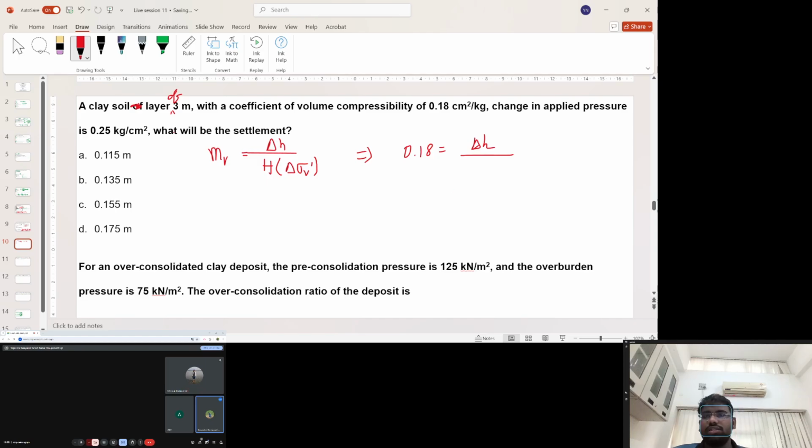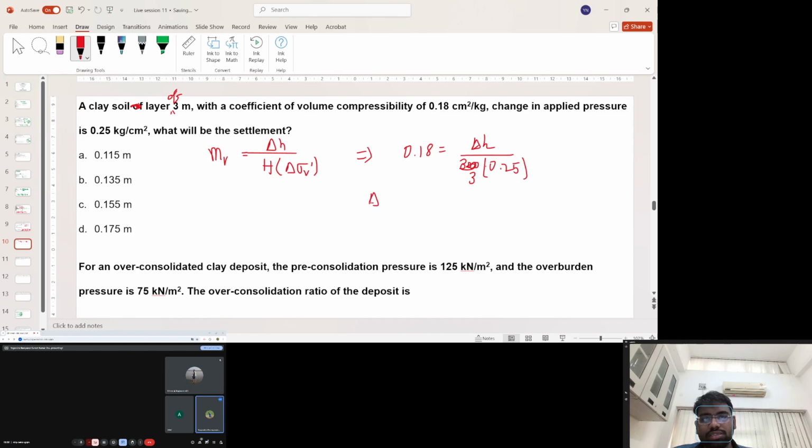H is 3 meters, everything is in centimeters, so we convert it into 300. No need of 300, sir. Answer is asked in meters. However, the entire units are in centimeters, right? Eventually you can convert finally. mv and delta sigma, both units get cancelled, sir. H value is exactly the required answer. Yeah, fine. Then it's fine. Yes, sir. 3 and 0.25.